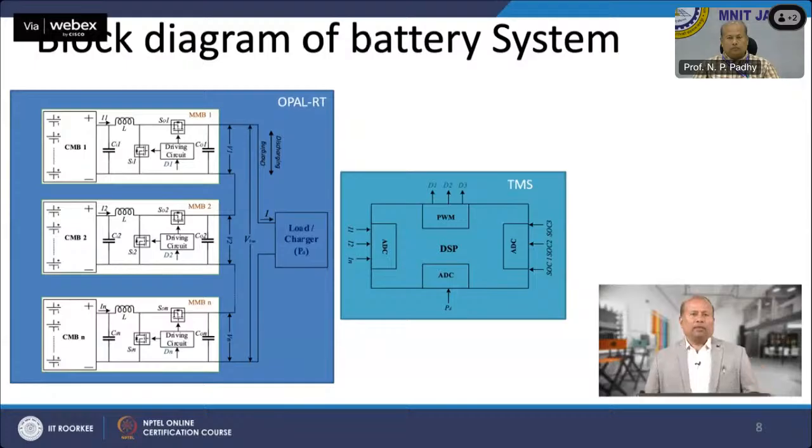If the duty cycle D of all the converters is the same, then all the batteries share power equally. Using this concept, we have developed a control logic that provides duty cycle D based on the variations in SOC values of the battery system.